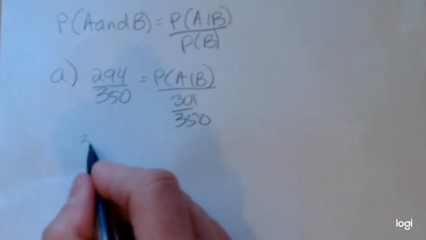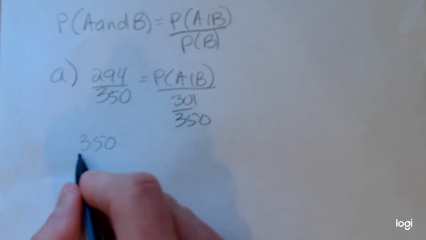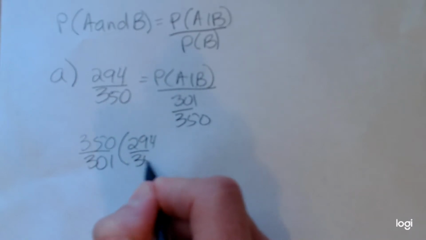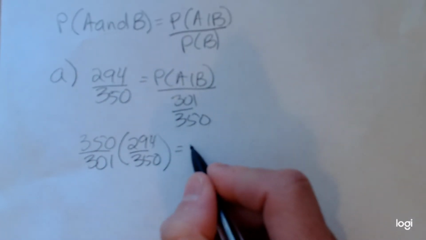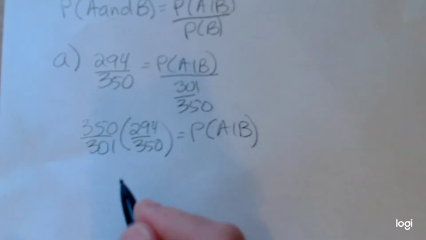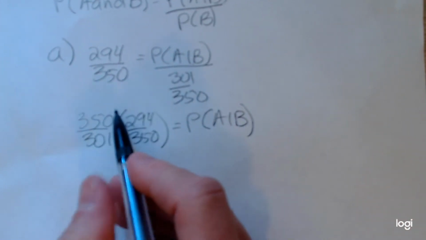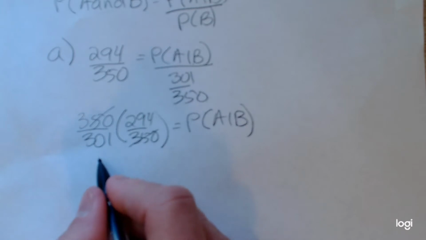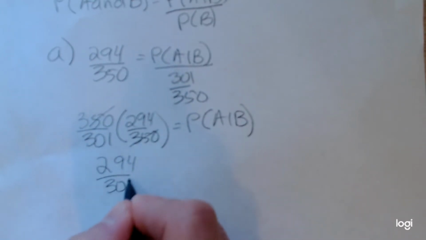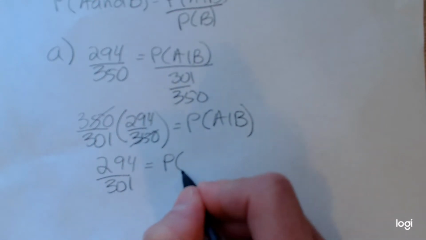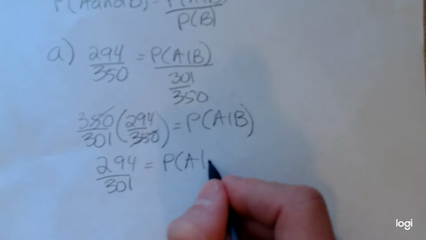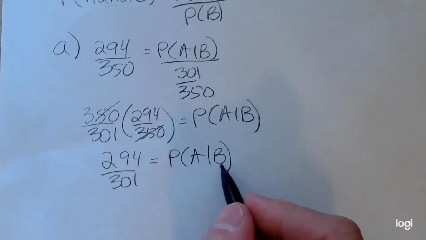So it'll be 350 out of 301 times 294 out of 350, and that'll be equal to the probability of A given B. On this side, the 350s will cancel, so we're left with 294 out of 301, and that'll be the probability that the flight departed on time given that it arrived on time.